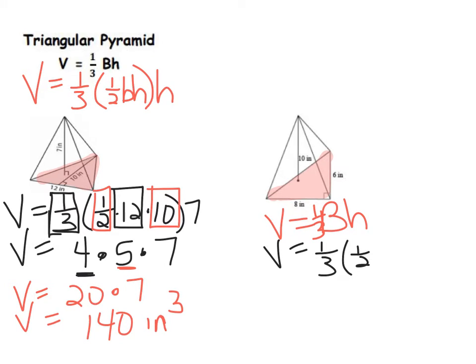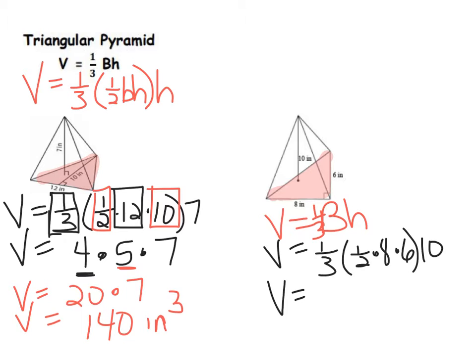What's the base and height of the triangle? Base is 8 and 6. Times 10. And then the height of the pyramid is 10. Okay, so if we look at the numbers, what can I get 1/3 of without it having a remainder? 6.